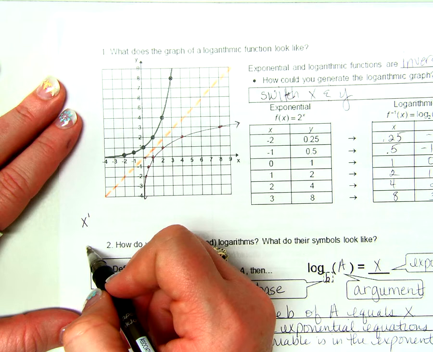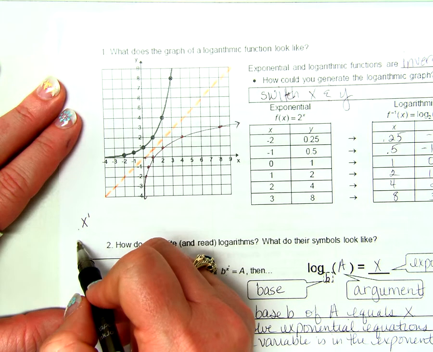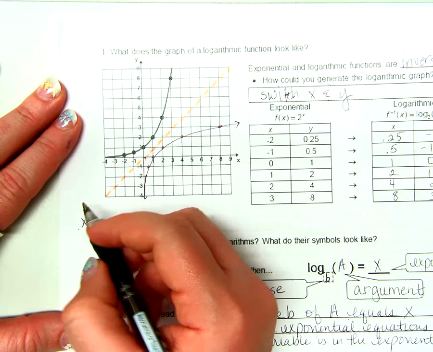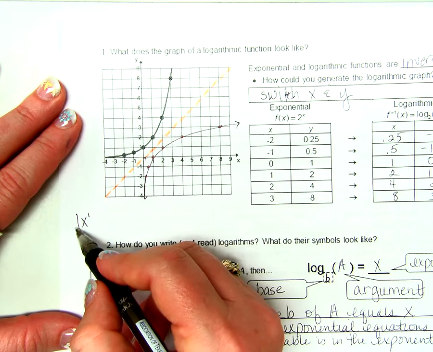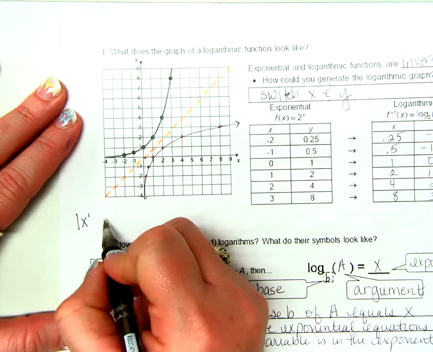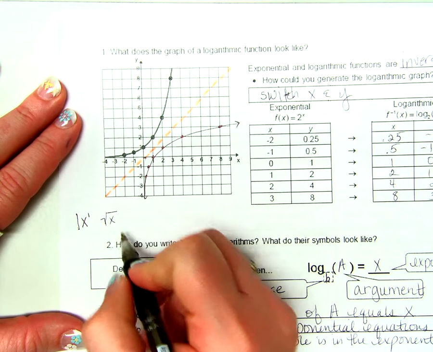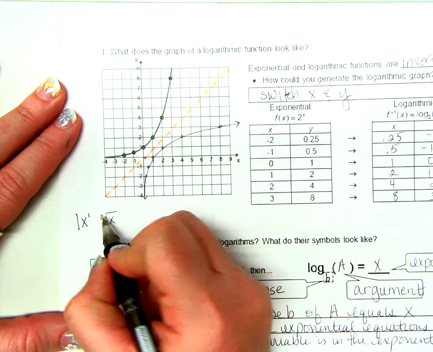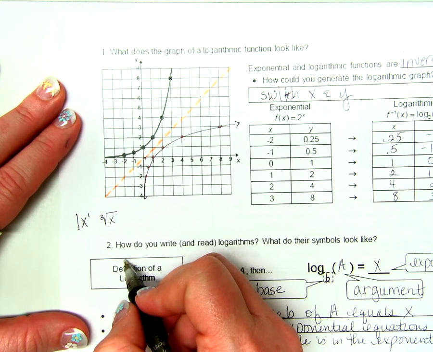It's implied. It's understood, right? What's the multiplier on this x? It's a 1, right? It's implied. What kind of root am I taking here? The square root. Even though it doesn't have a little baby 2 right there, I still know it's a square root because it's implied, right?